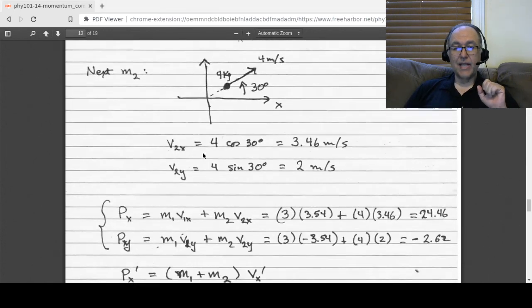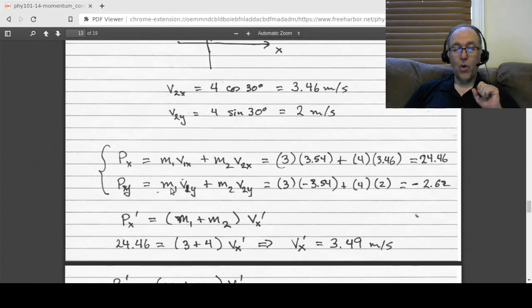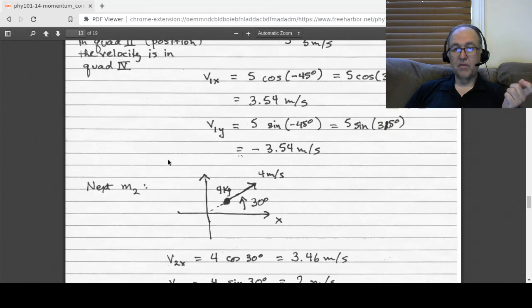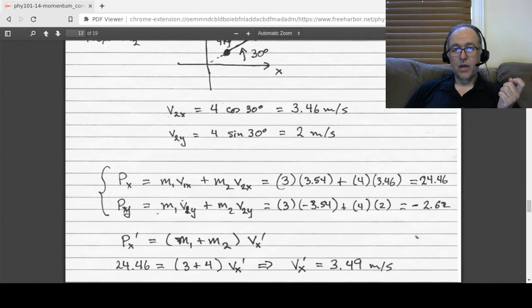Once I did that, I can now calculate my total momentum before, because my total momentum before has an x component, that's this line here, and a y component, which is the line underneath it. The x component is m1v1x plus m2v2x. Substitute in the numbers. m1 is 3, and v1x, if you scroll above, was 3.54, so for v1x down here I put in 3.54.